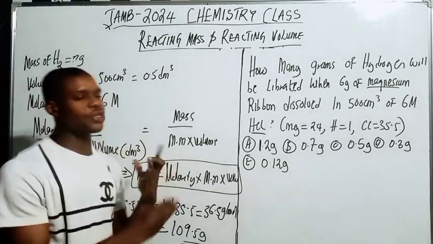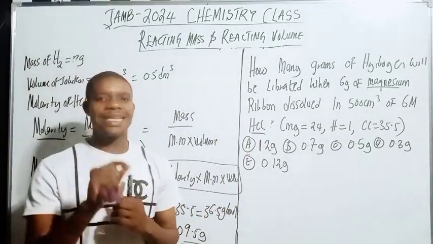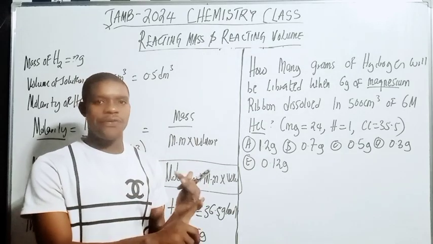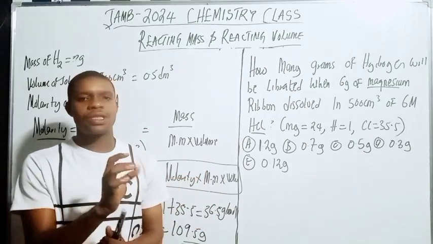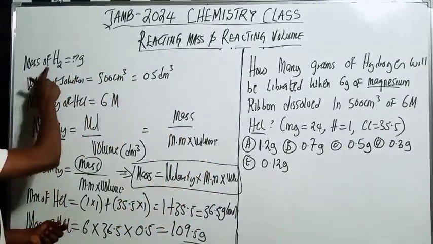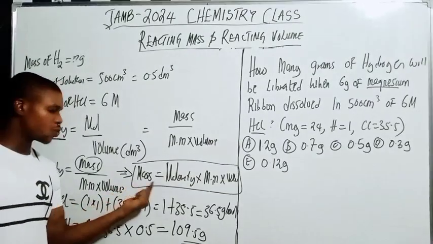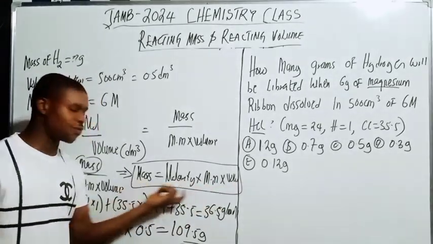So this question is just like the ones we have done previously, but here they did not give us the mass straight. They only gave us the volume of HCl and molarity of HCl. So what you want to do here is use those parameters to get the mass of HCl. The simplest formula is mass equals molarity times molar mass times volume.